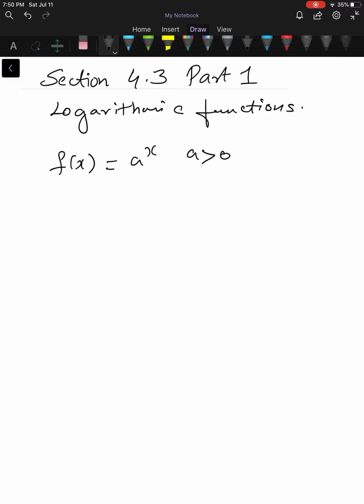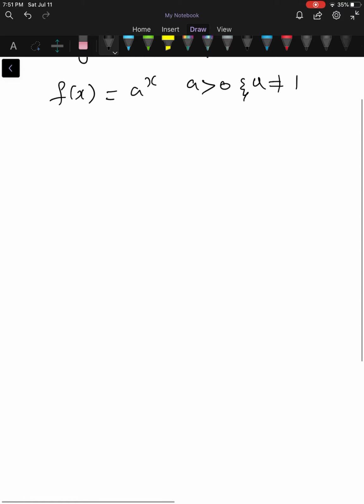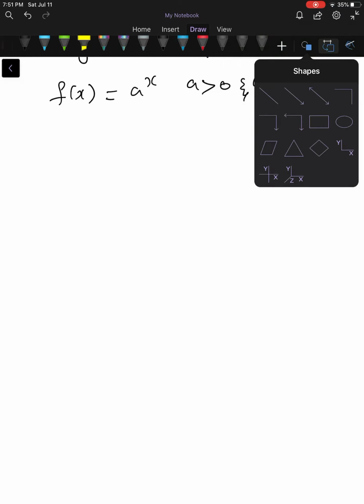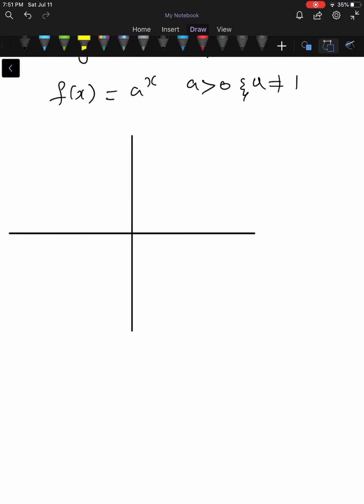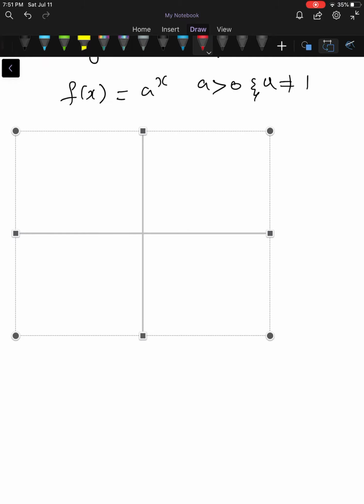So every exponential function, that is f of x equals a to the power x with a greater than 0 and a not equal to 1, is a one-to-one function. You can see that by the horizontal line test.